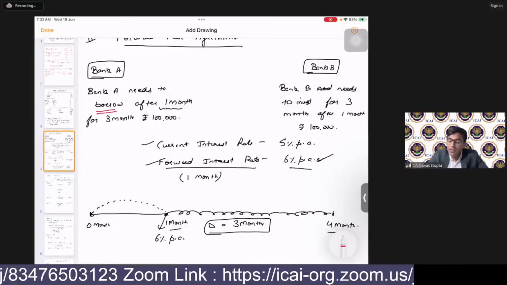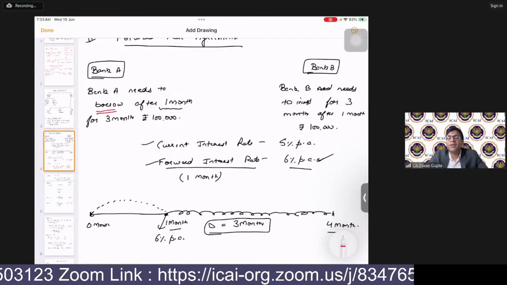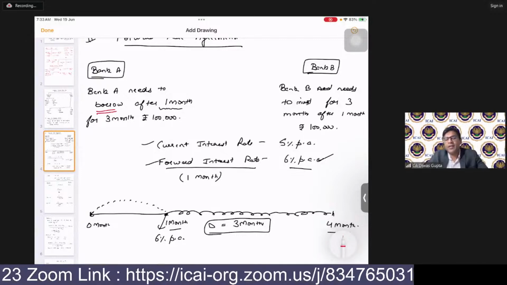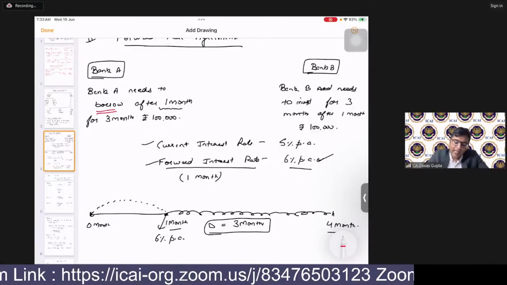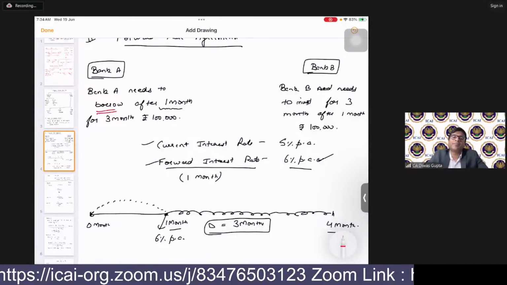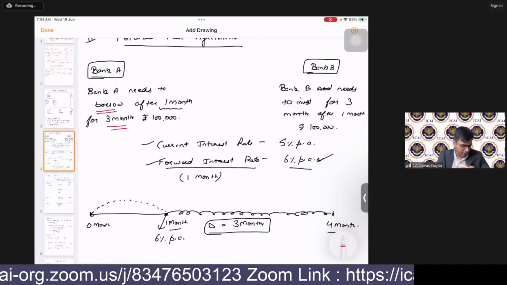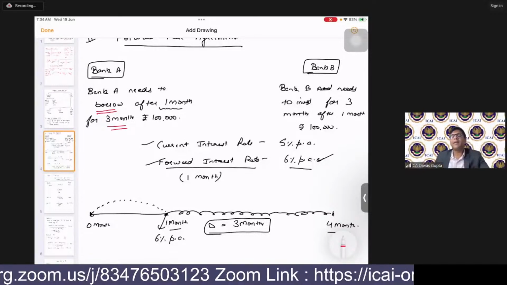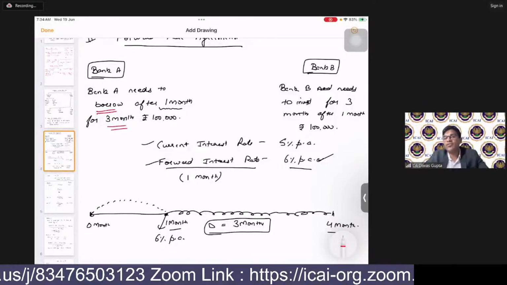If the situation is that of the lender or investor, the dynamics will be different. So Bank A needs to borrow after 1 month for 3 months, correct?